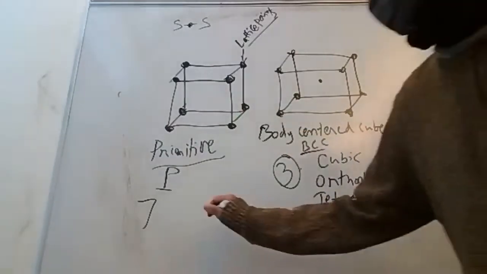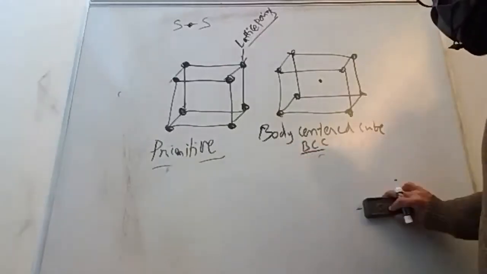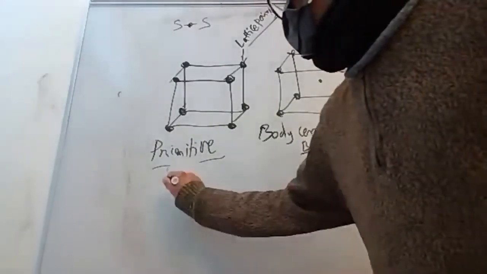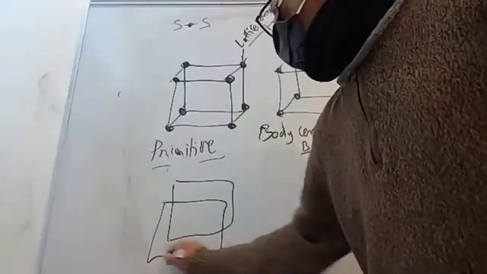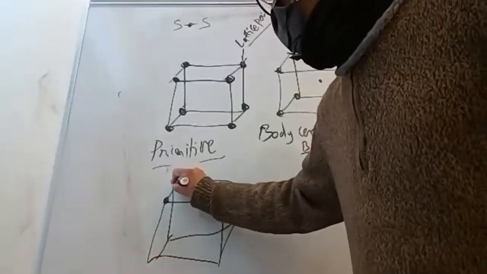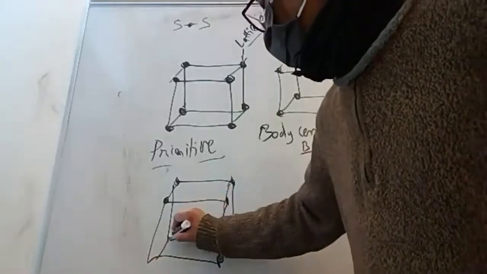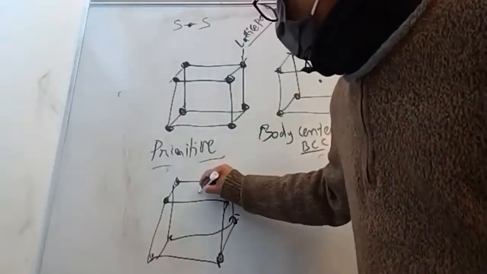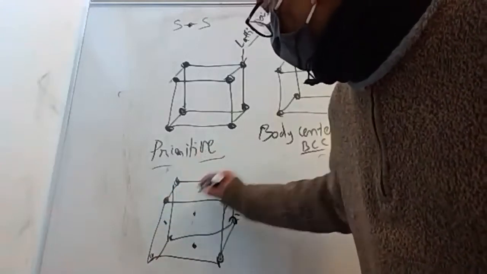In addition, we can also have another type of cell, in which we have lattice points at all the corners, and we have lattice points on the centers of each face.